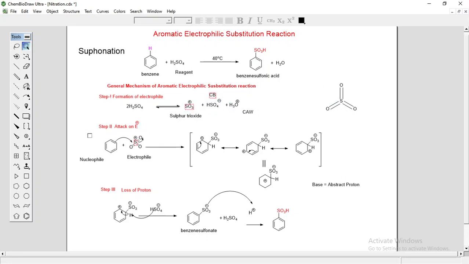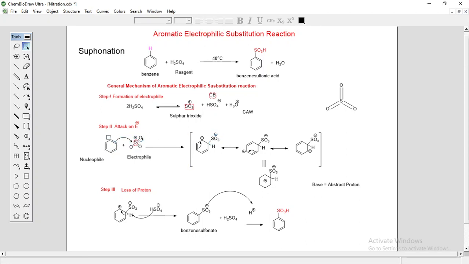Now in the second step, that is step 2, attack on the electrophile takes place. Your nucleophile will attack this sulfur trioxide. The bond will break and the bond pair shifts onto oxygen, so there is a negative charge on oxygen, SO3 minus.